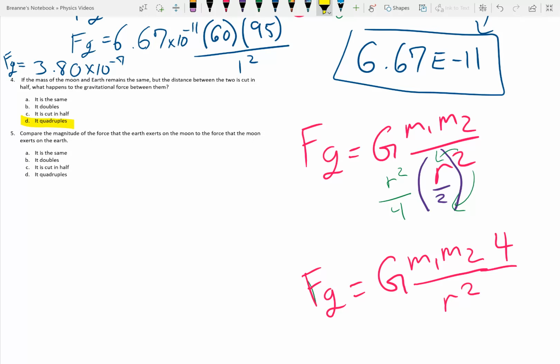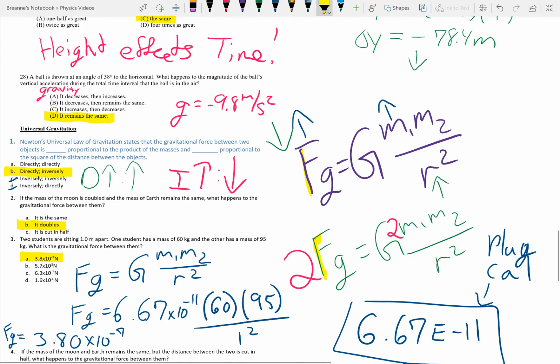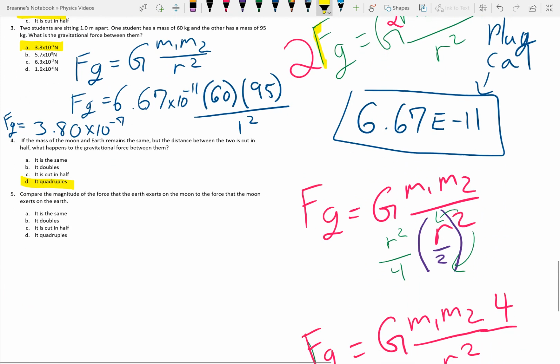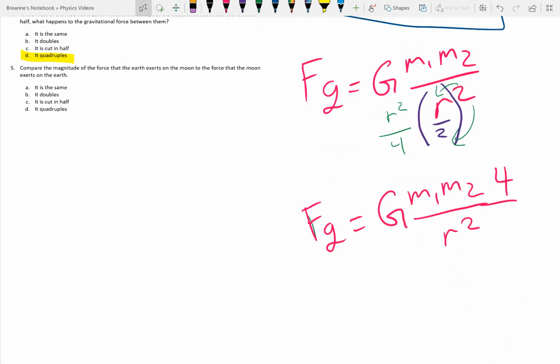Remember, it's an inverse relationship. So as your distance decreases, your force increases. So your distance decreased, your force increased.